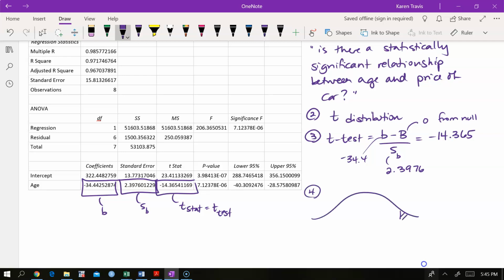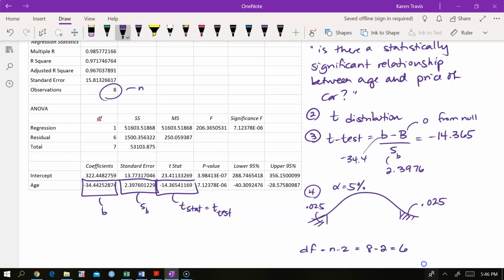Now we find our two tails for our rejection regions, and let's use a 5% level of significance. So we need to figure out degrees of freedom, which is n minus 2. We have 8 observations for n, so we have 6 degrees of freedom.